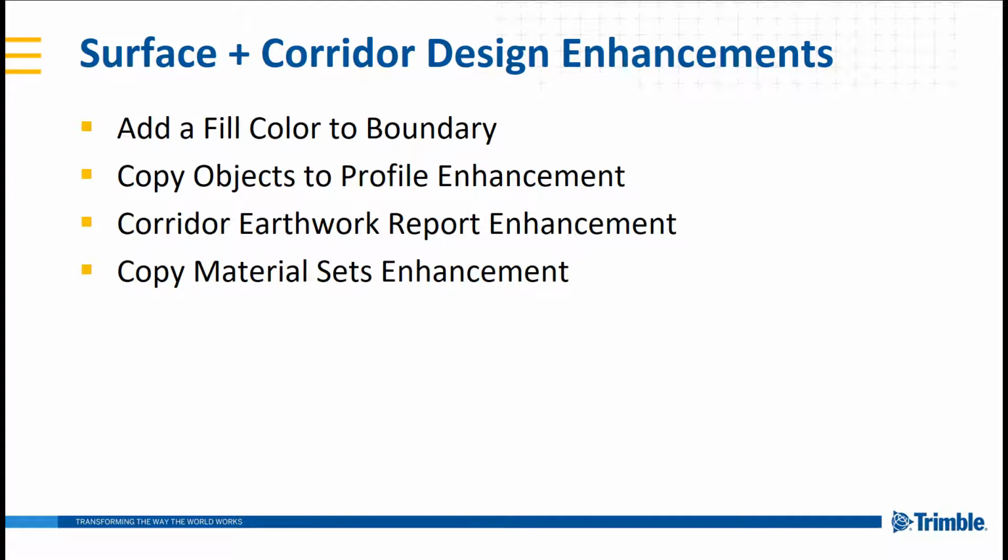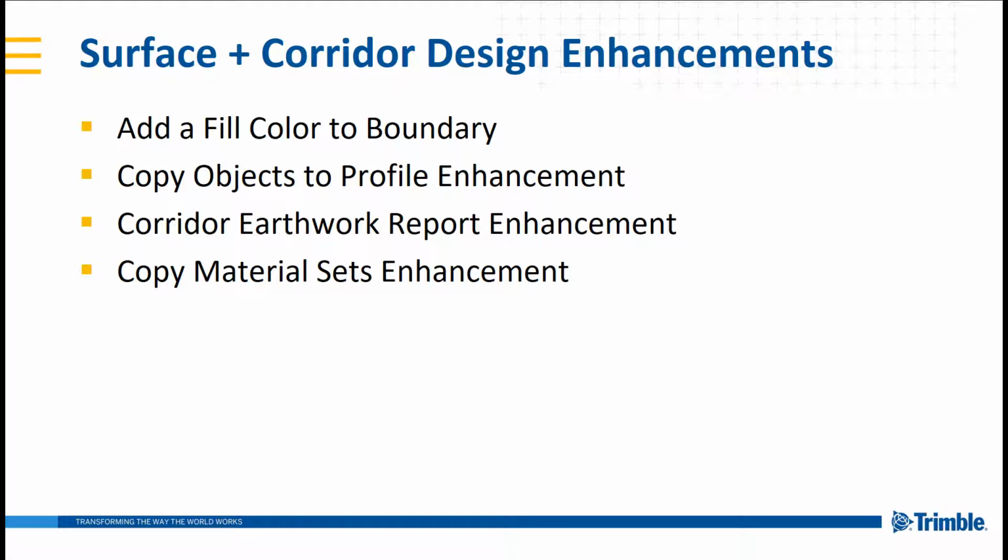An earthwork reports enhancement. When running a corridor earthworks report, you can now select multiple clipping boundaries to limit the sections of the alignment that you wish to report on. And then in the Copy Material Sets Improvement Manager, you can copy material sets that you want to use in other TBC projects to an external library.